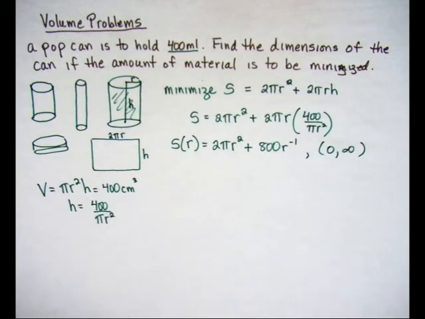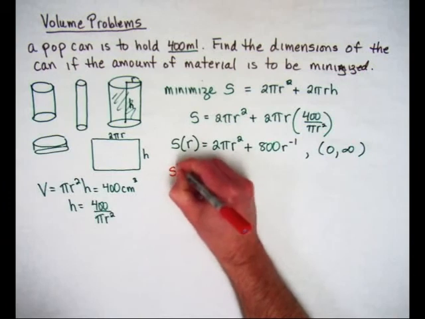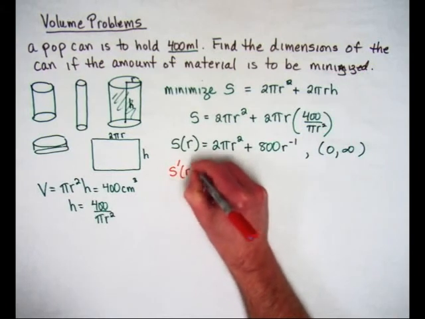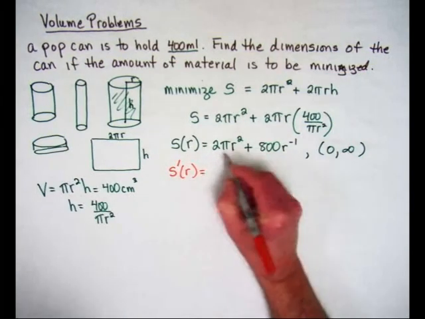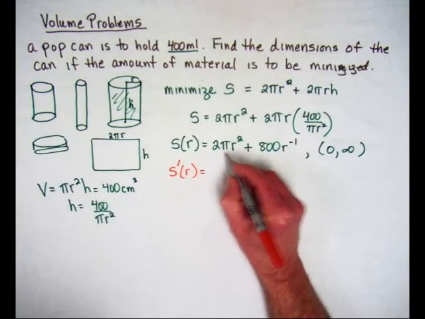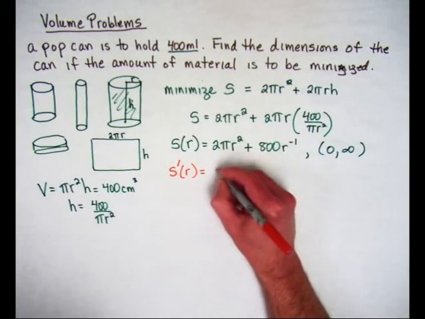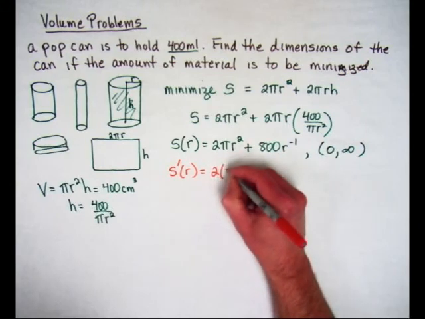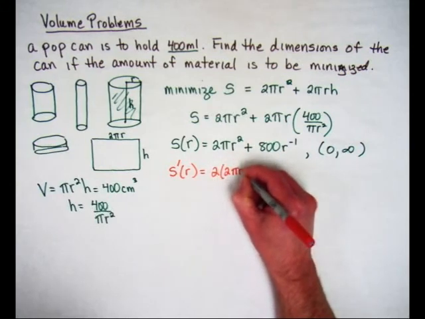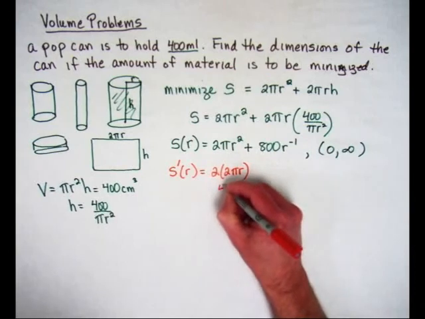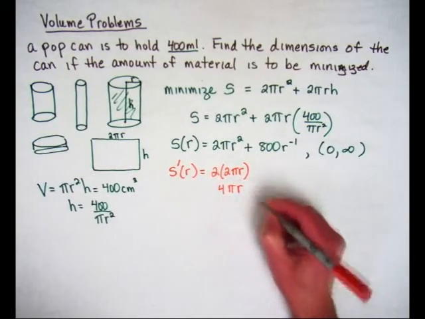We know that the optimum solution is going to be at a critical point, so we differentiate S prime of r. 2 pi is a constant, so when we differentiate, it's just our power rule. So we just multiply the 2 out front. So this would be 2 times 2 pi r to the 1, or I should have just written it as 4 pi r.